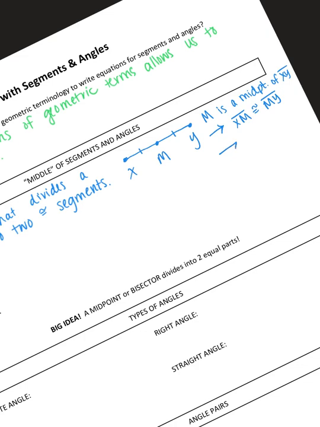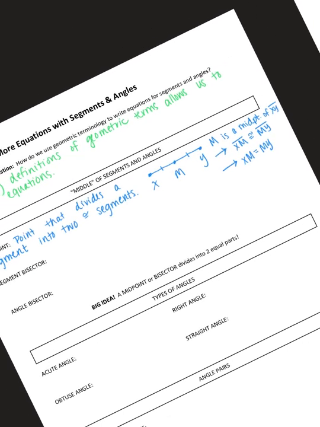So then we can conclude that XM is equal to MY. And now you have an equation. So you've got the figure, what it might look like in a problem, the conclusion that you can make, and then from knowing that they're congruent, you can conclude that they're also equal.